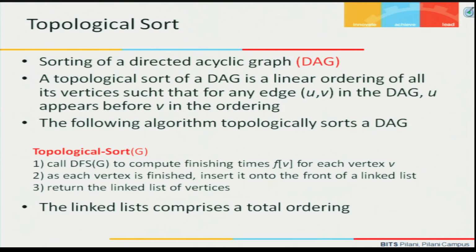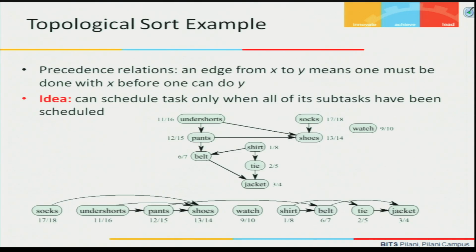As you finish blackening all the nodes, you keep on inserting them into a list. At the end of the DFS procedure, you would have inserted all the nodes of the graph in the linked list. The topological sort procedure will return the linked list. Let us look at this example.